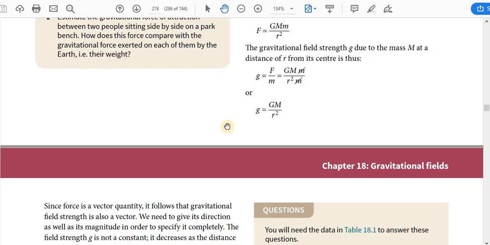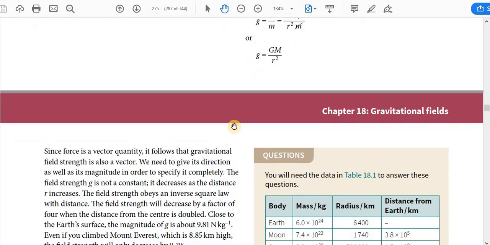If it was an electric field, it is the force on a positive charge, because if it's a negative charge, the direction is the other way. Similarly, if it's a magnetic field, it is the direction on a north pole. In the case of gravitational fields, you don't have repulsion, you have only attraction.